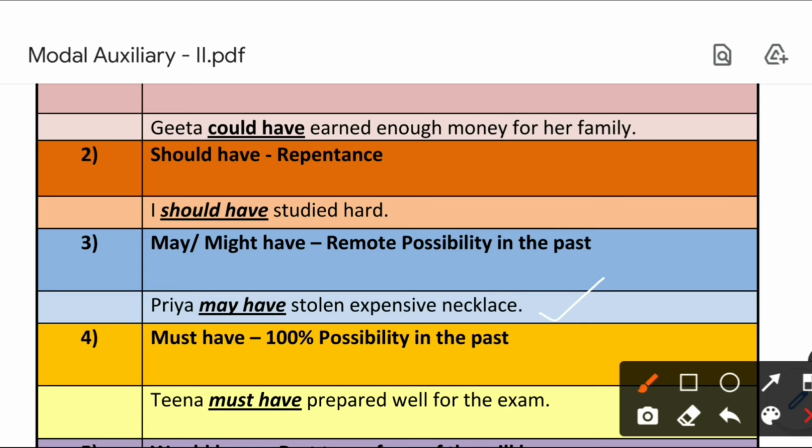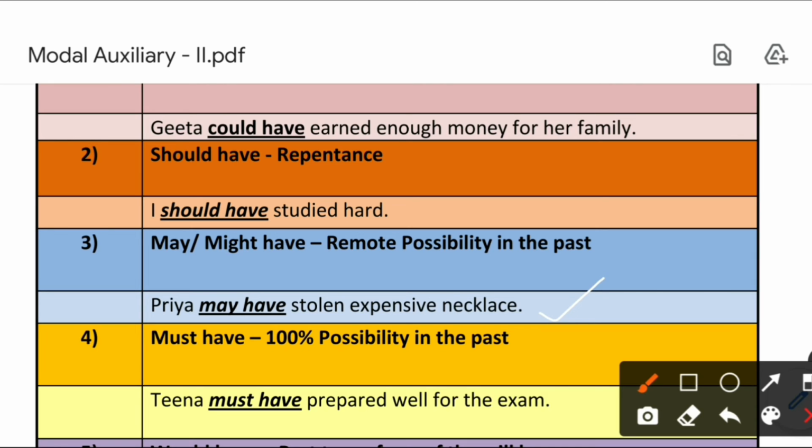Okay, you don't know that, but you are very sure in your mind that yes, she must have stolen expensive necklace. Here also you are just thinking. You don't know the truth, but still you are guessing, and you're 100% sure in your mind that yes, she has stolen.